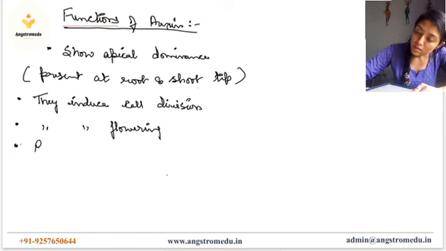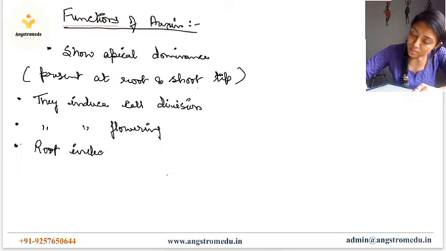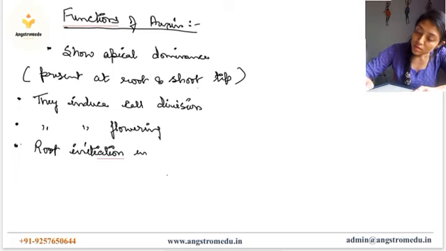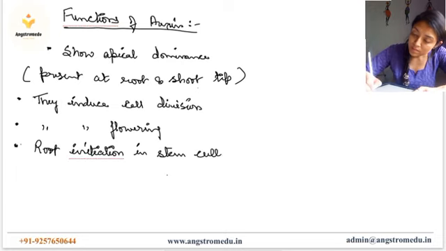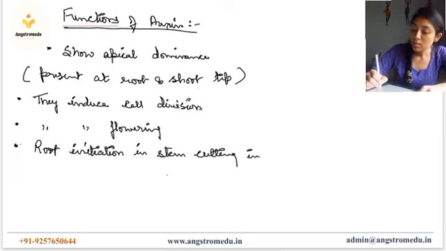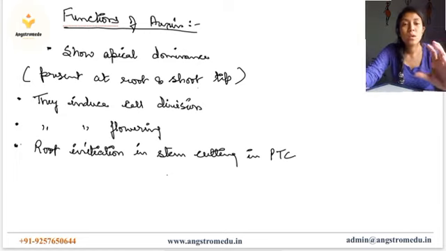Then they induce root initiation. Root initiation where? Root initiation in stem cuttings. Stem cuttings in your plant tissue culture laboratories, where we try to grow plants artificially in laboratory conditions.